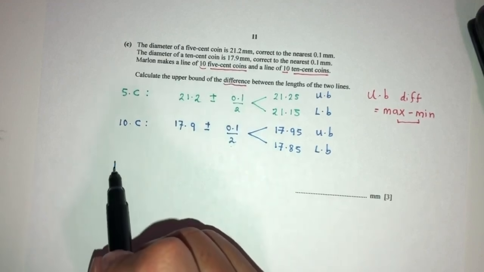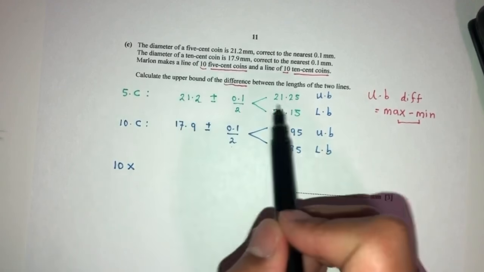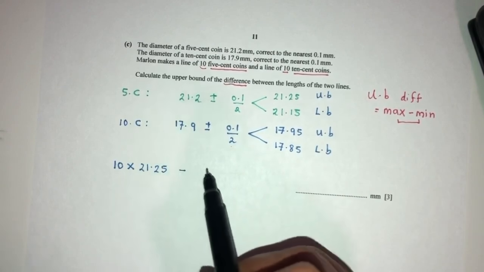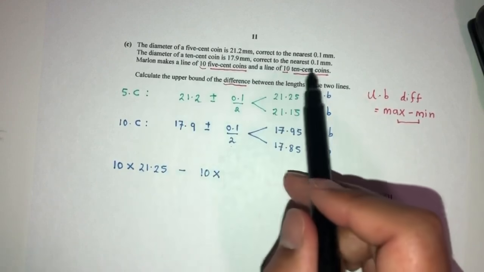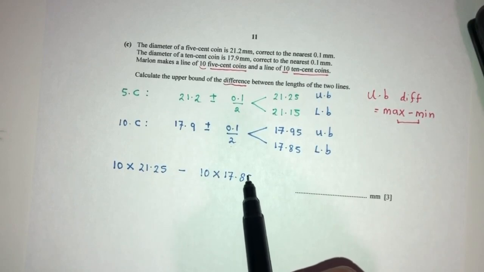So we take 10, we multiply by these 5-cent coins, take the upper bound, which is 21.25, minus 10. We minus the 10-cent coins, the lower bound will be 17.85.